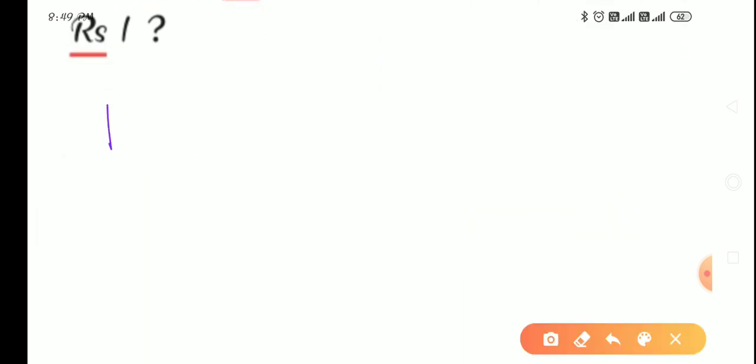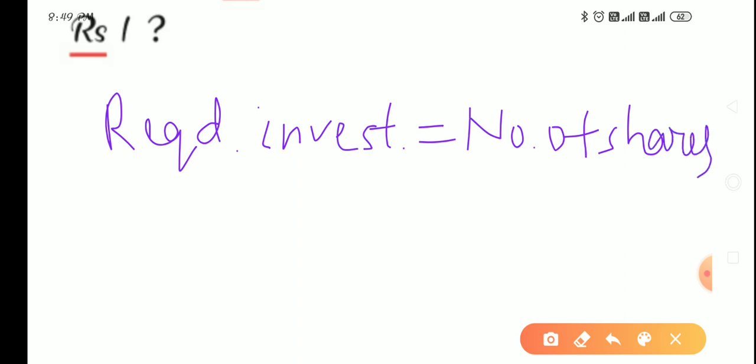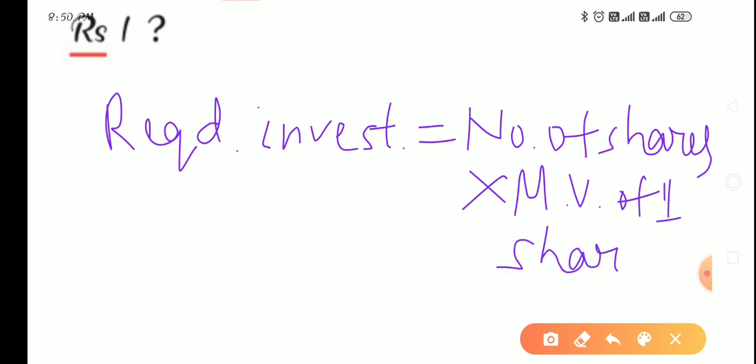So the investment required equals number of shares multiplied by MV of 1 share. This is the formula I told you in the last video.